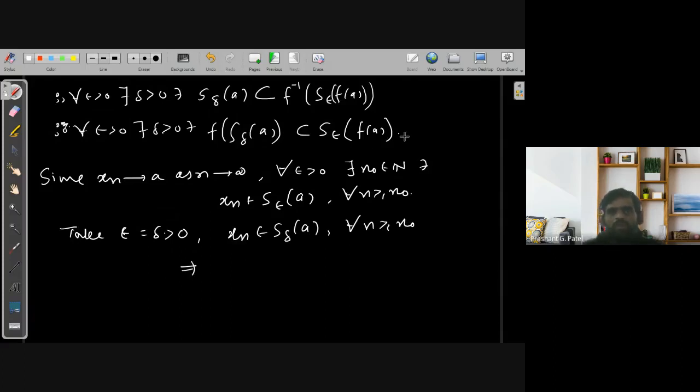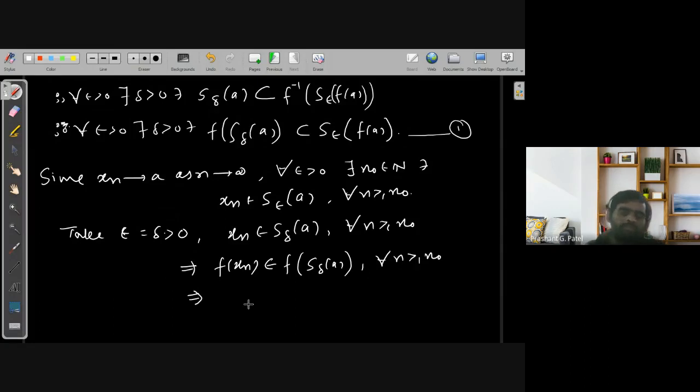If I call this statement 1, then I want to apply f on both sides. So f of xn belongs to f of S delta of a for every n greater than or equal to n0. So this implies, due to 1, f of xn belongs to S epsilon of f of a whenever n is greater than or equal to n0.